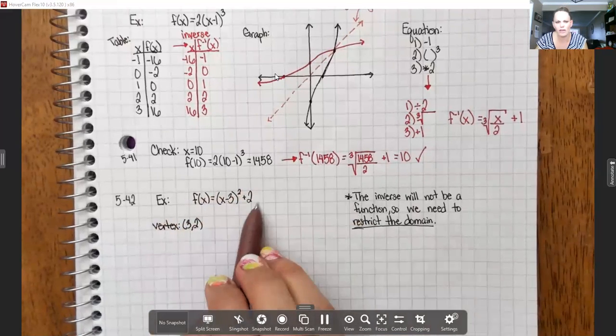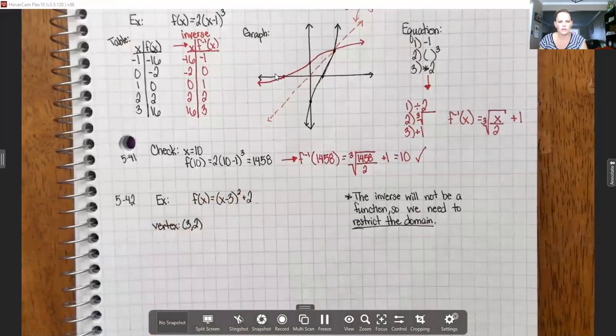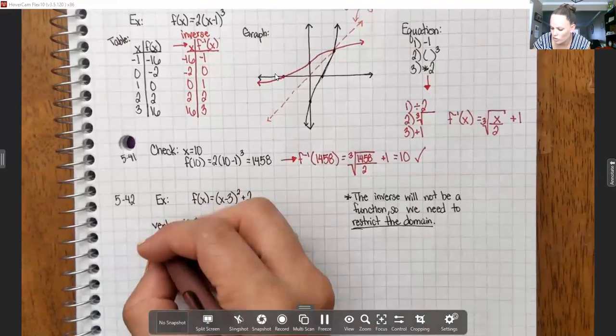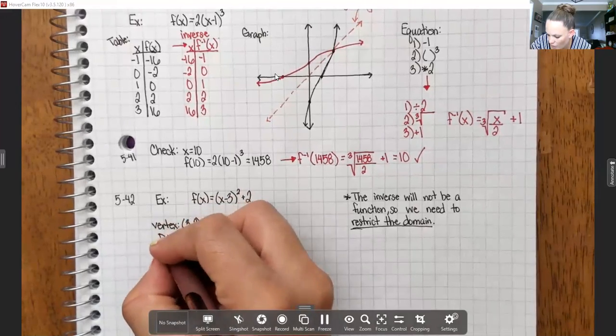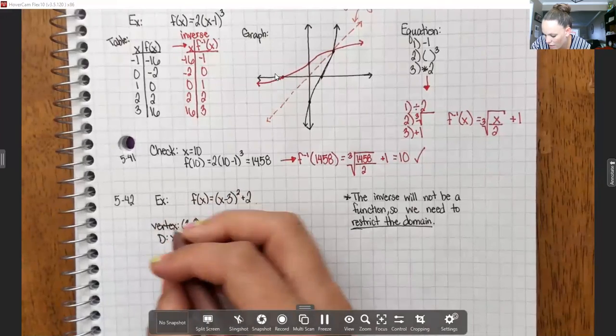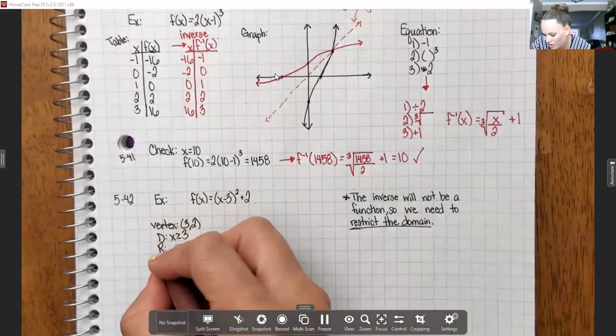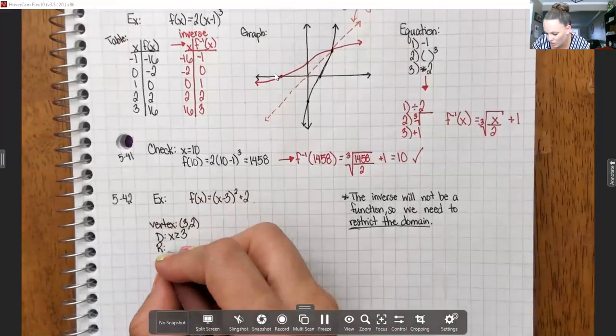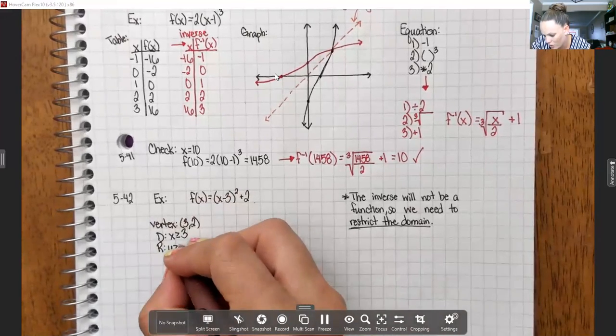That's our h, k values. So our domain is when x is greater than or equal to 3, and our range isn't restricted. It would just be y is greater than or equal to 2.